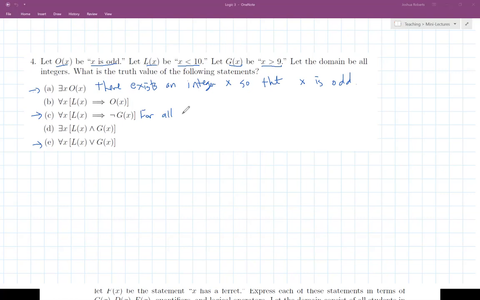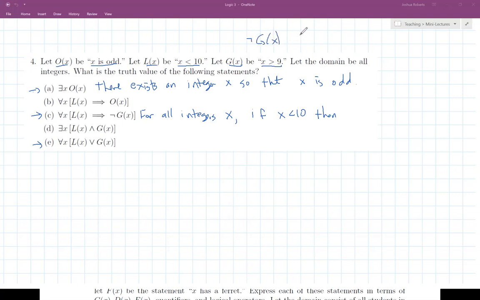Part C says for all integers x, L of x implies not G of x. So L of x implies not G of x says if x is less than 10, then not G of x. So how do you negate a greater than?